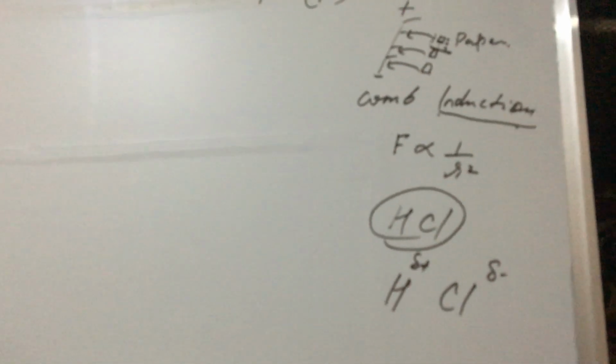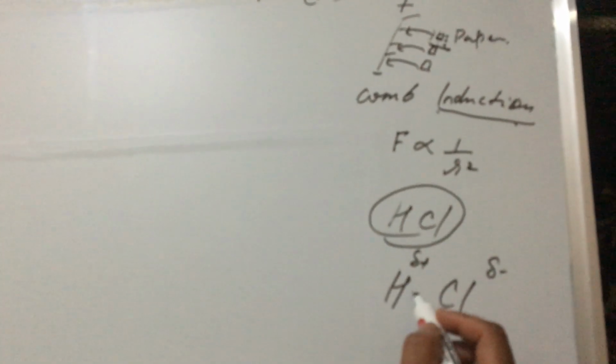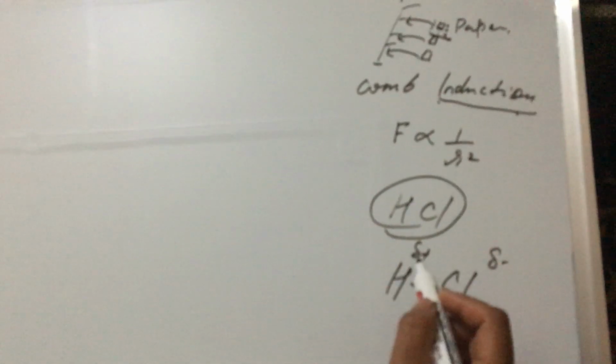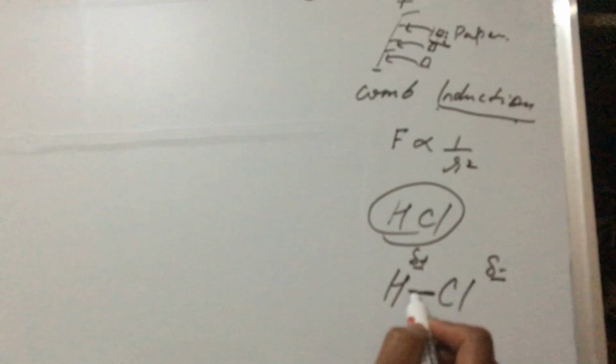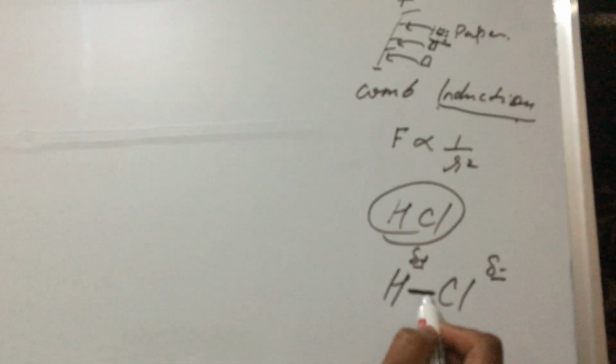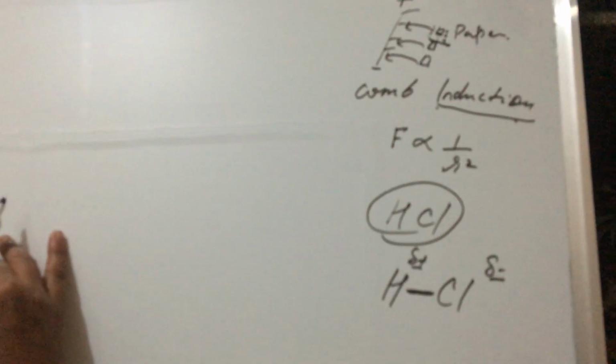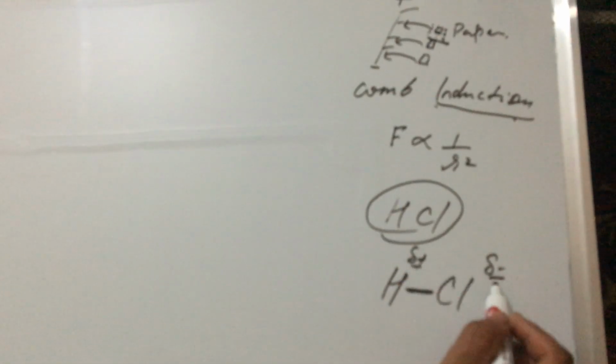So here the distribution of equal but opposite charges separated by some finite distance is known as an electric dipole. We are talking about charge, that's why we say electric dipole.